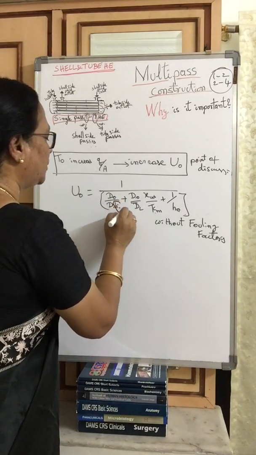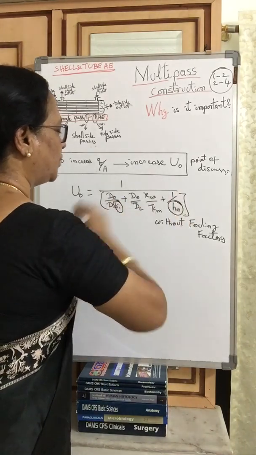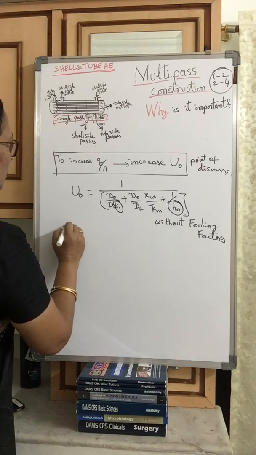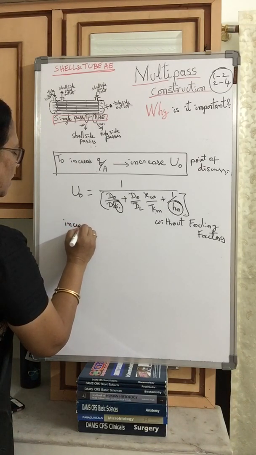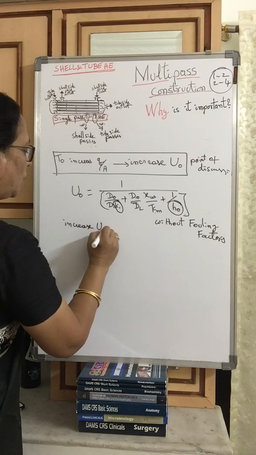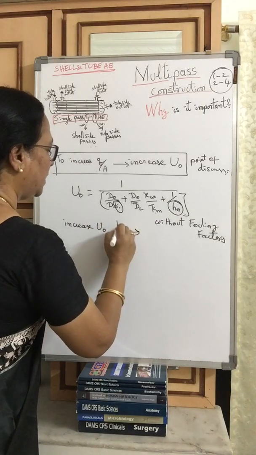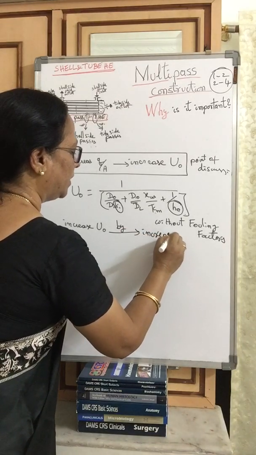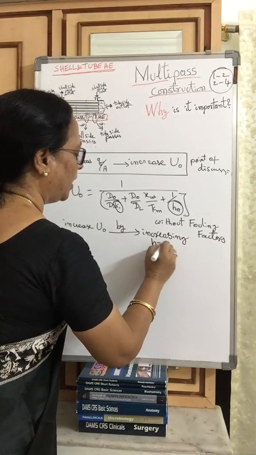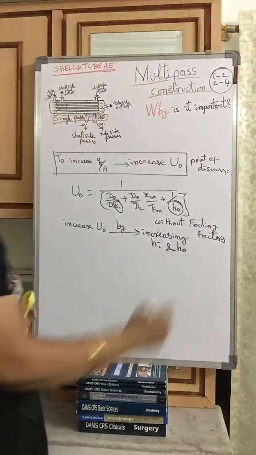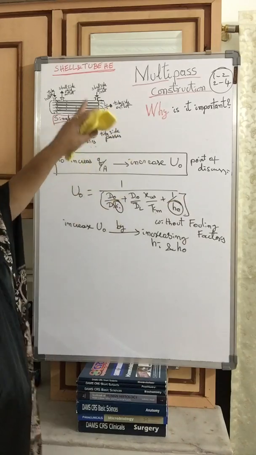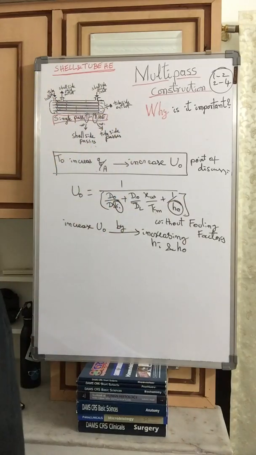Then what can be changed here? Only Hi and H naught. So we increase U naught by increasing Hi and H naught.